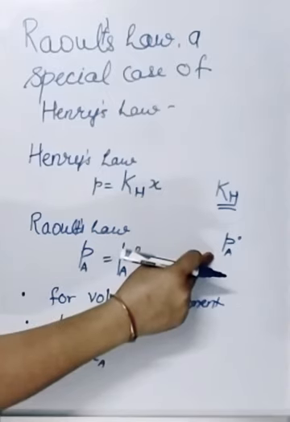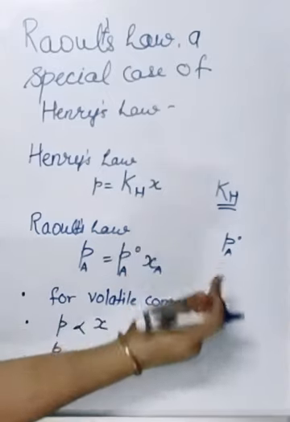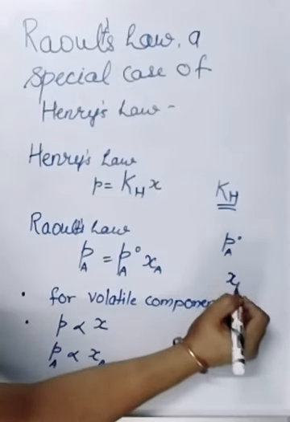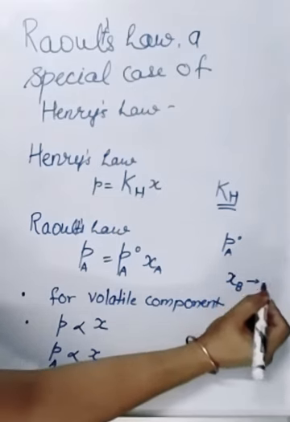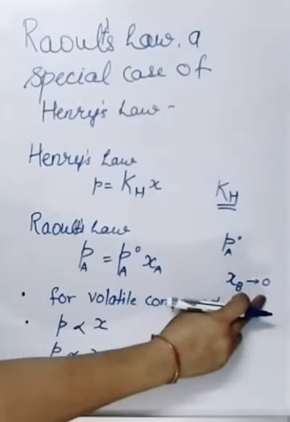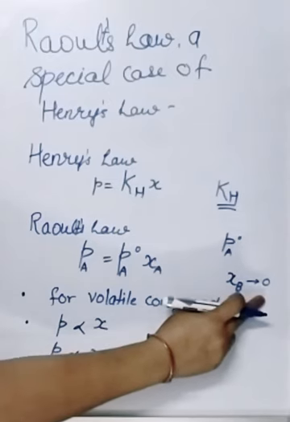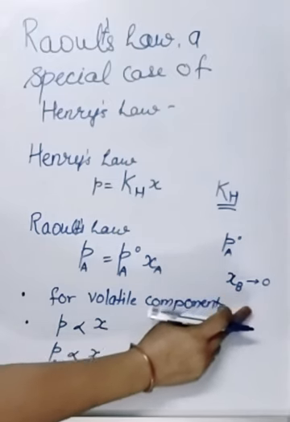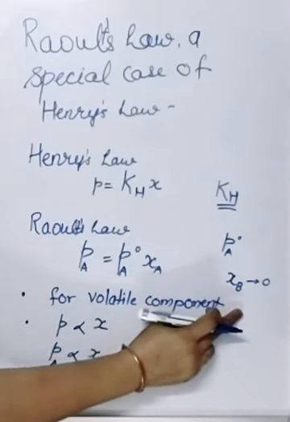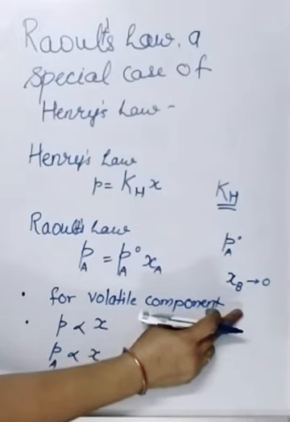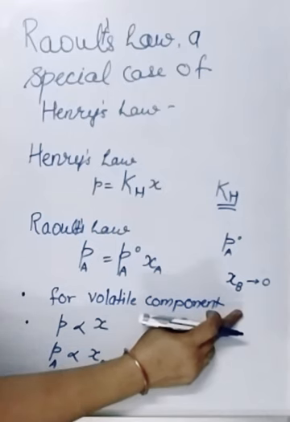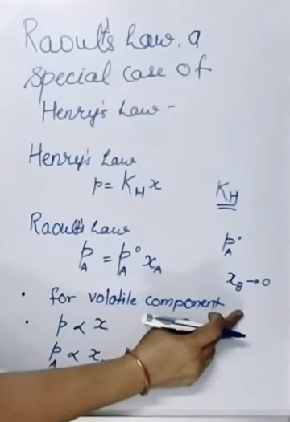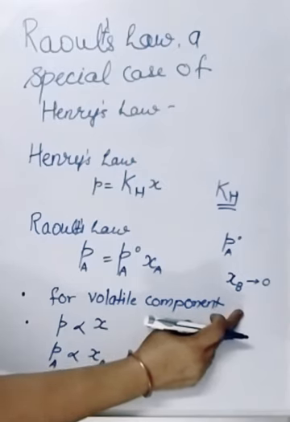When the solution becomes more and more dilute, that means the mole fraction of the solute becomes very small, negligible, approaches zero, then the components of the solution behave more ideally. The solute follows Raoult's law, the solvent also follows Raoult's law, and the solute follows Henry's law.